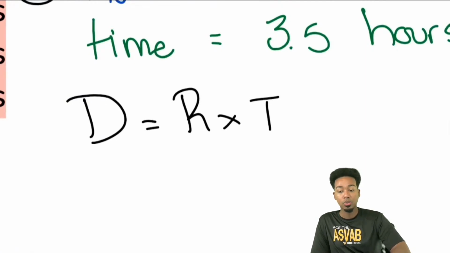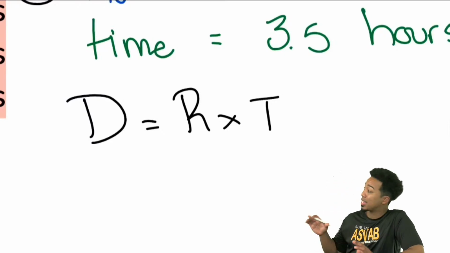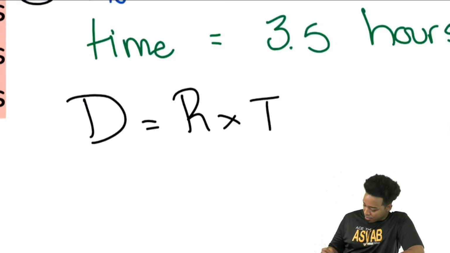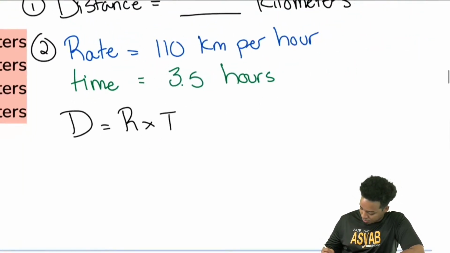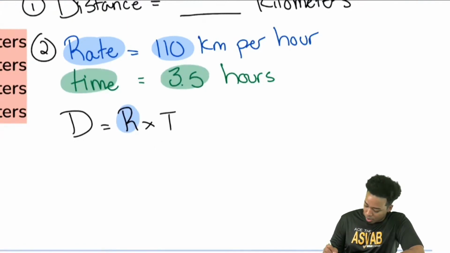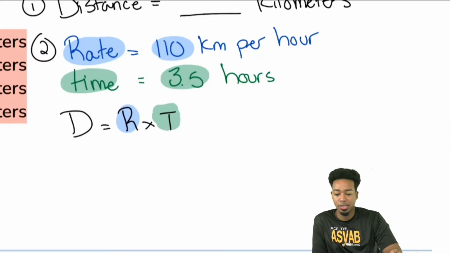We are just trying to fit the right pieces into the right places. We have the rate given to us as 110, and we have the time given to us as 3.5 hours. That's it.